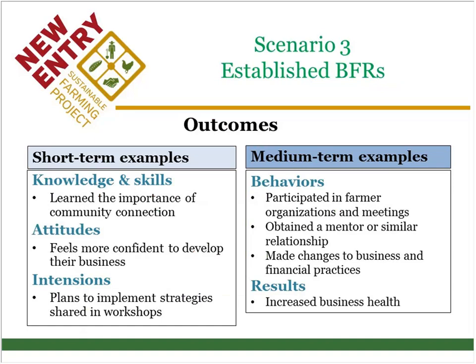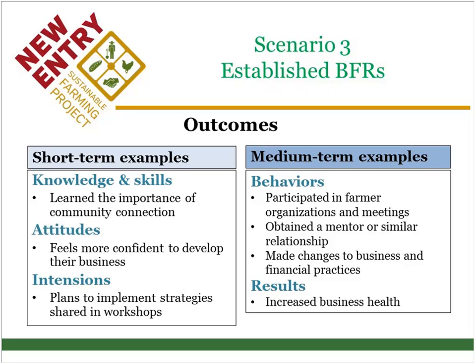Example outcomes for this group, again, since they're really focusing on community connection as one piece, you might want people to have learned the importance of community connection from the workshops. At the end of a workshop, maybe they feel more confident to develop their business from the information you've given them, and that they have plans to implement strategies based on the workshops.